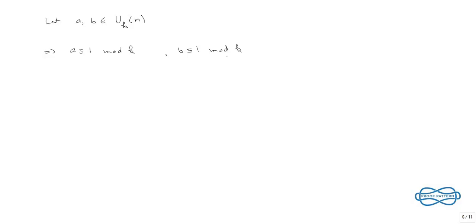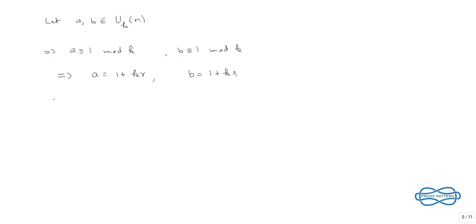And if a is congruent to 1 mod k, there must exist an integer r such that a is equal to 1 plus kr, and similarly if b is congruent to 1 mod k, then there must exist an integer s such that b is equal to 1 plus ks.